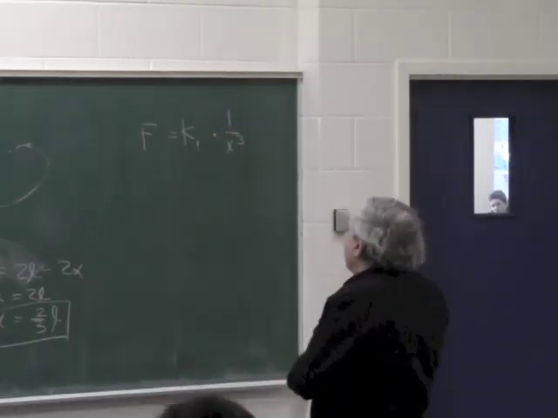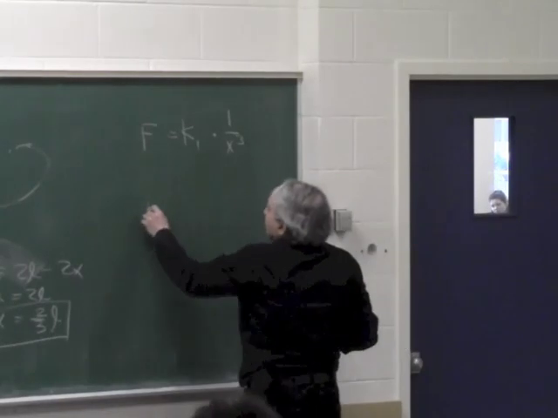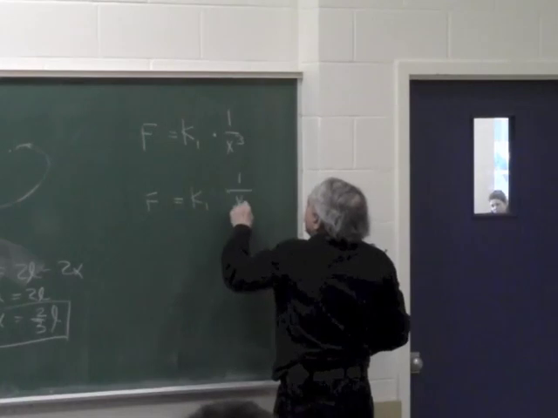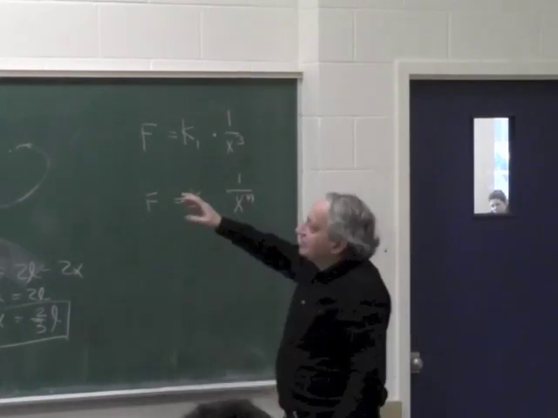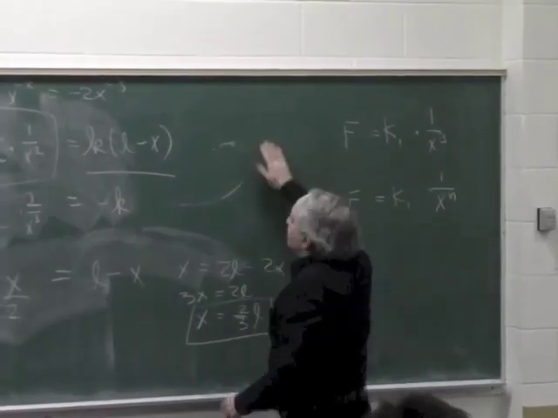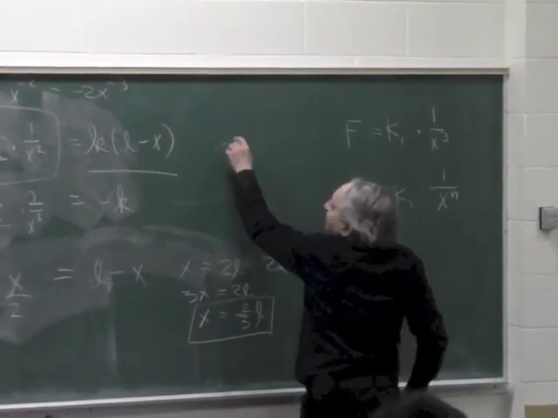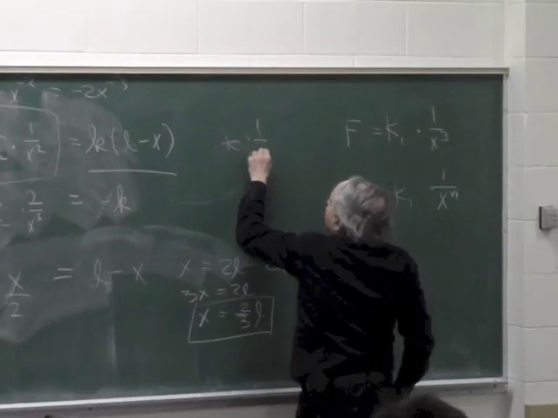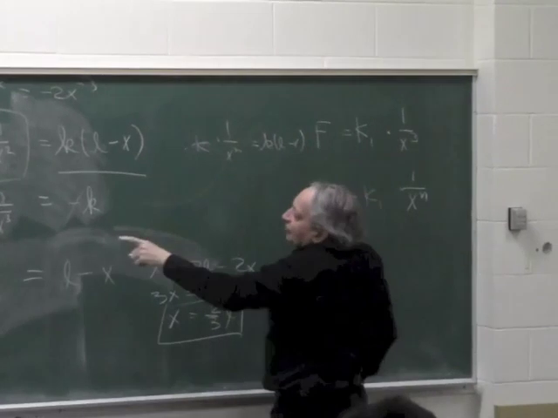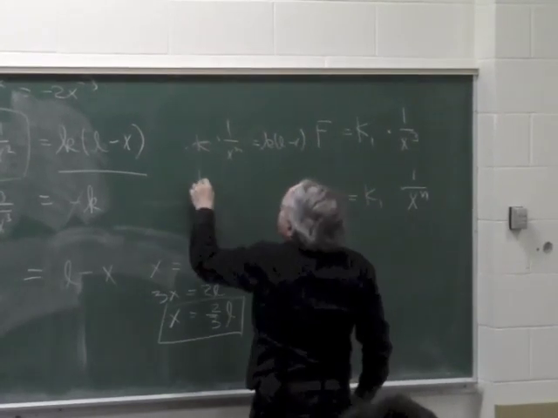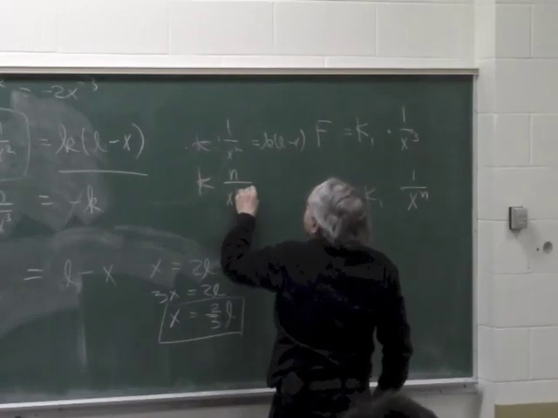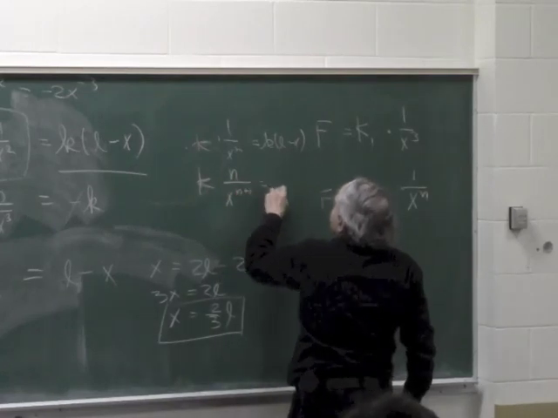And the reason it'll be worse, because let's take a generic actuator, F equals K1, 1 over x to the power of n. And let's plug in, instead of x², x to the power of n, okay? So the first formula will be k 1 over x to the power of n equals k times (L minus x). The second formula, the derivative, will be k n over x to the power of n plus 1 equals k.